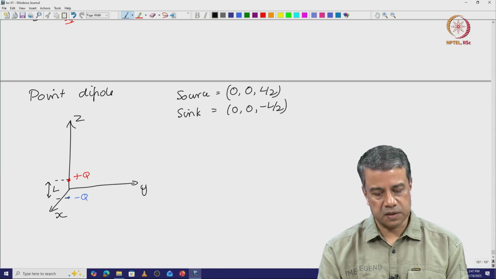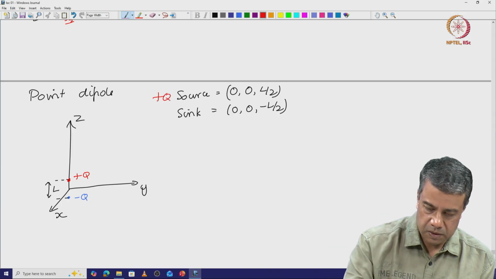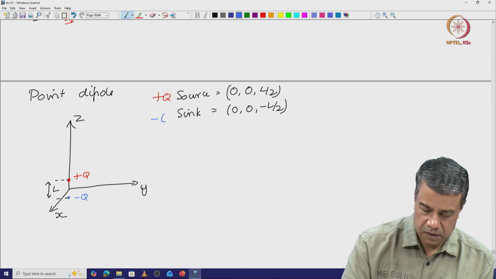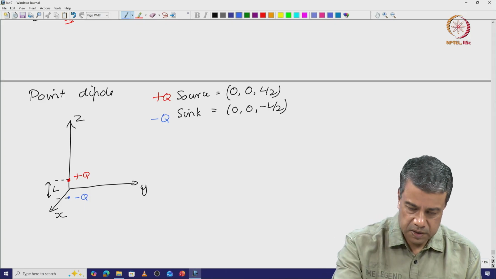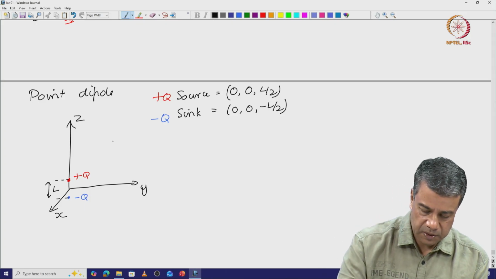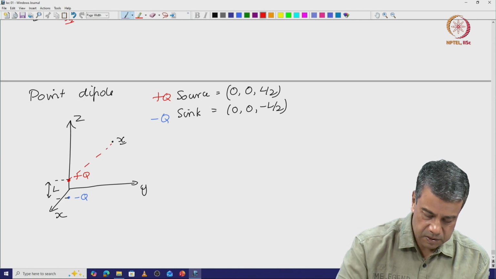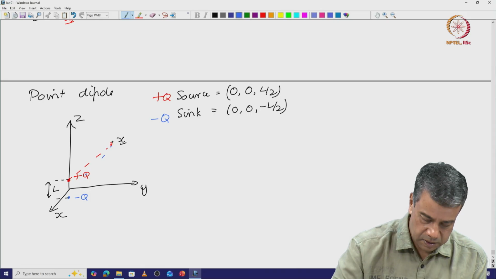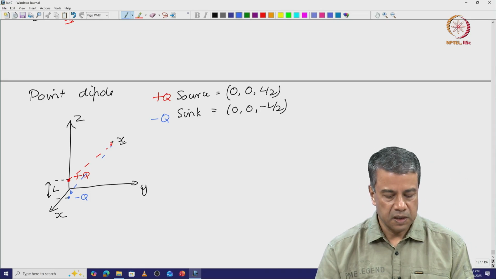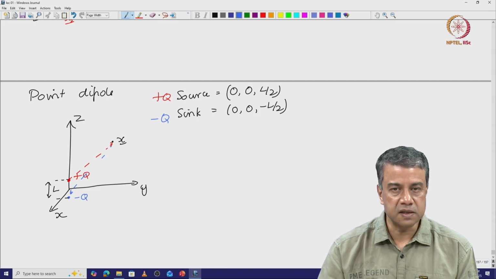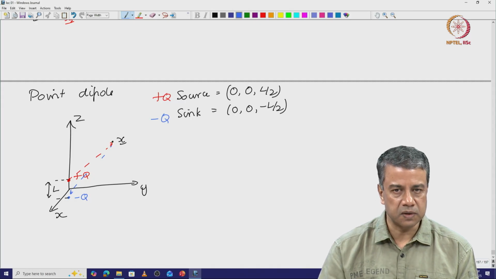You have the superposition of a source of strength plus q at that location, and a sink of strength minus q at this location. And you want to ask what is the temperature field at some observation point x due to this combination of source and sink. What is the temperature at some observation point in the limit as the distance between the source and sink becomes much smaller than the distance to the observation point?